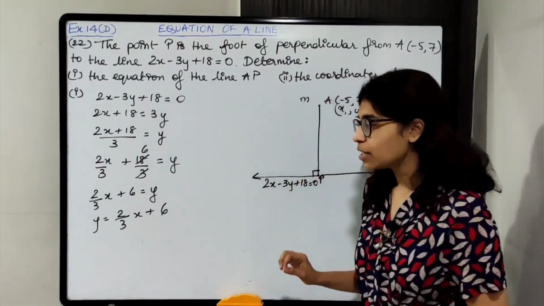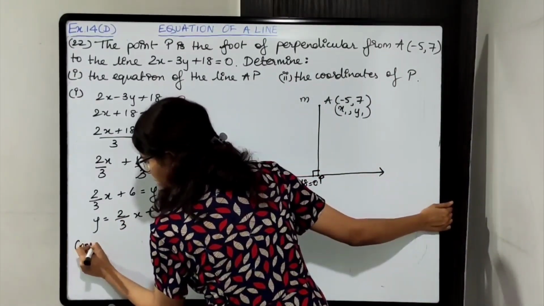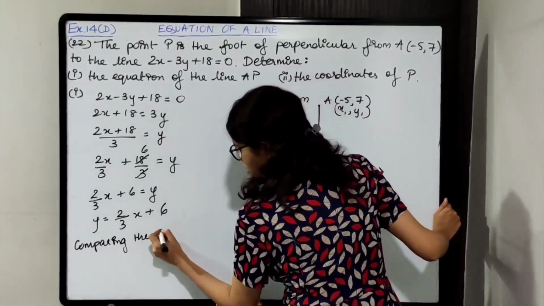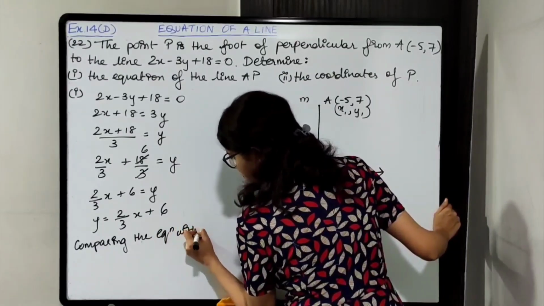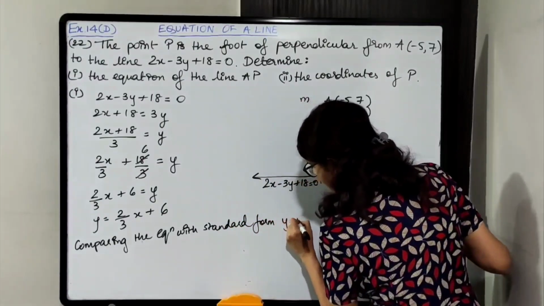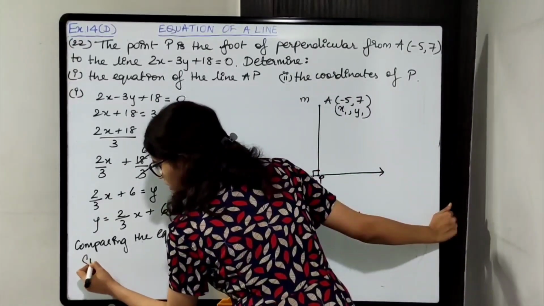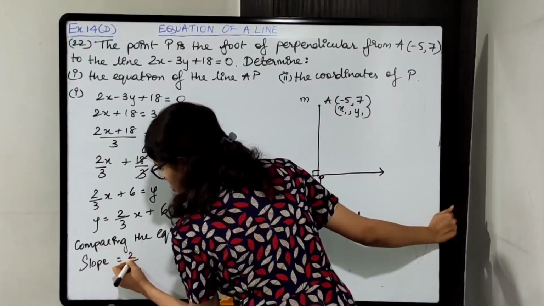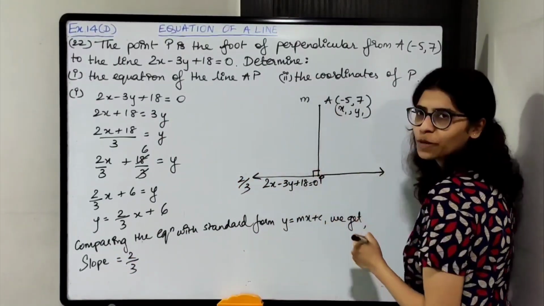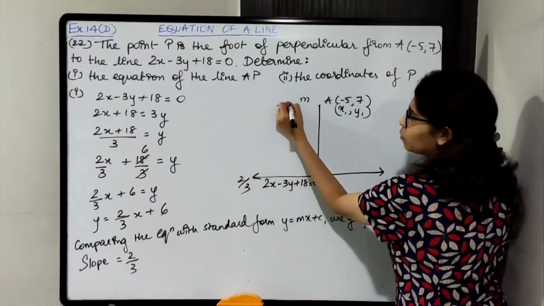So now you can say that the slope is 2/3. Comparing the equation with the standard form, we get the slope as 2/3. So the slope of this is 2/3, so what will the slope of AP be? The negative reciprocal. This is positive, so that will become negative. The reciprocal of 2/3 is 3/2.